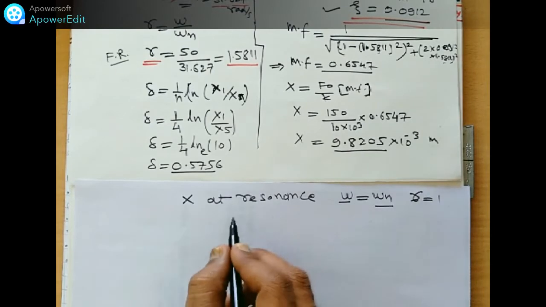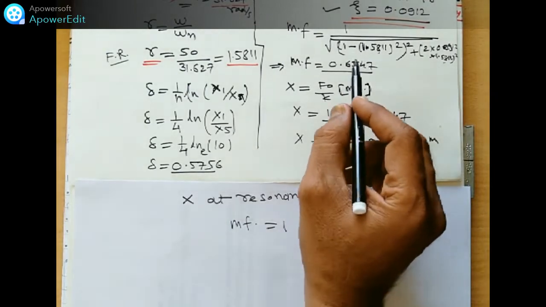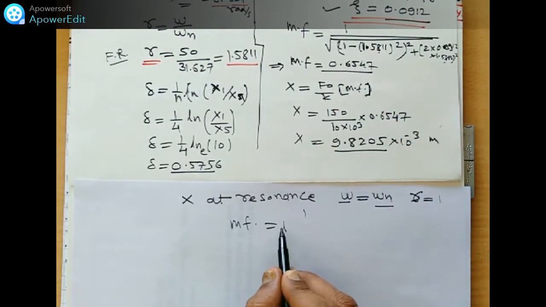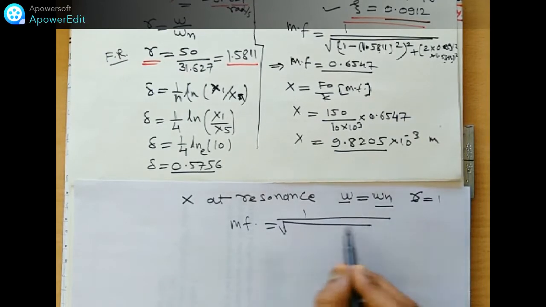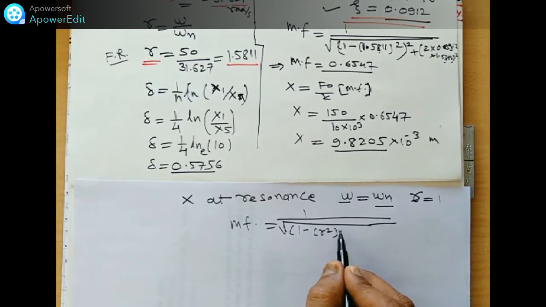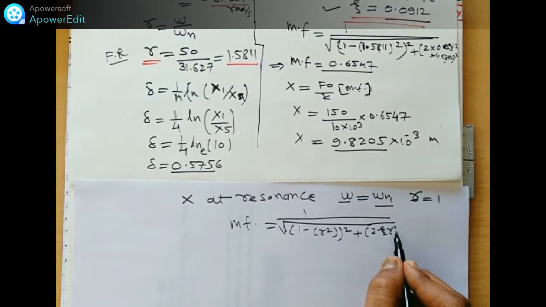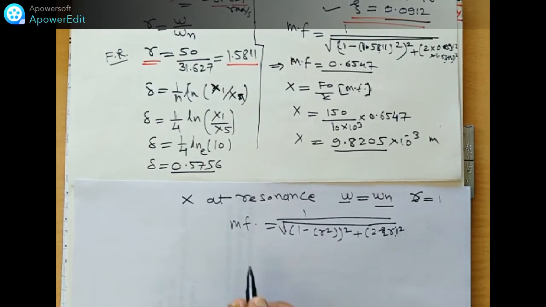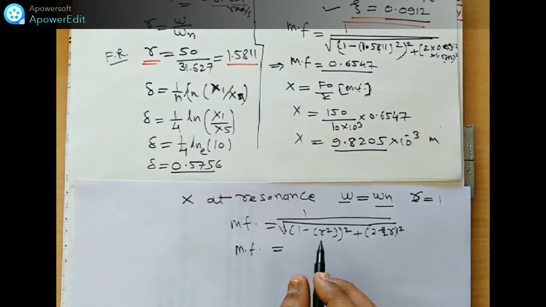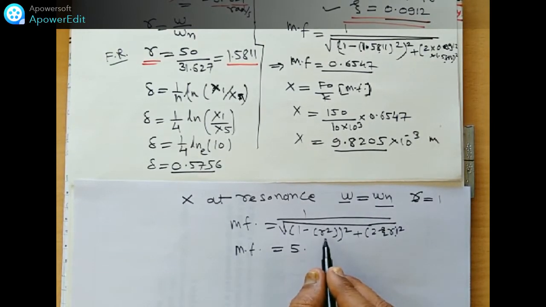Putting the r value in this MF equation, 1 upon under root of 1 minus r square bracket square plus twice zeta r bracket square, the value of MF increases at resonance.